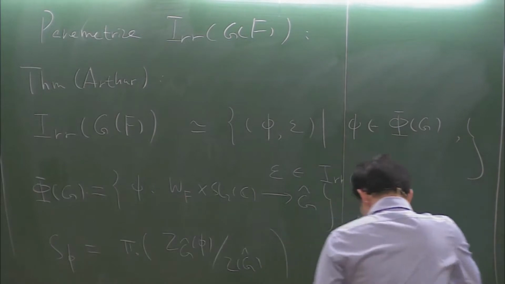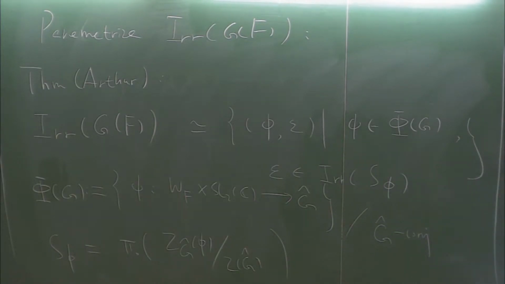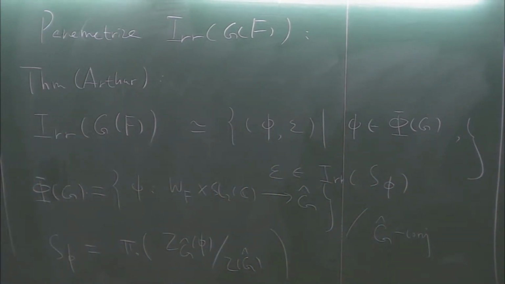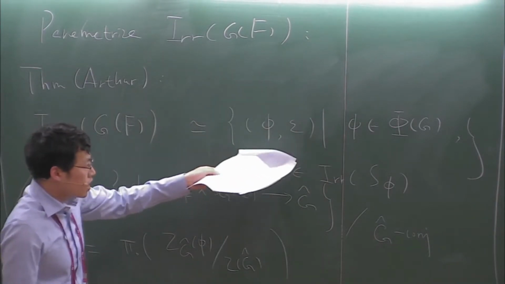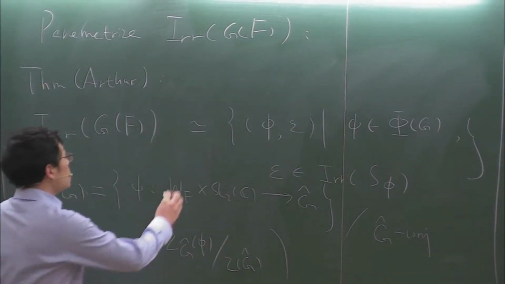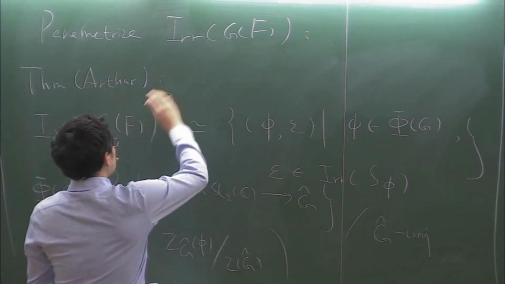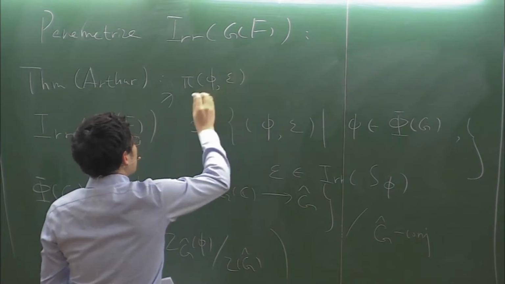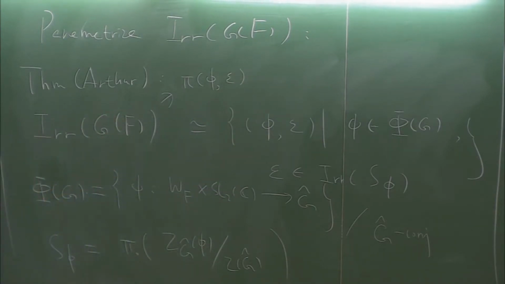Okay. So after that, for every representation we can assign a kind of name. In particular, I'll just write every representation as pi, and write its corresponding parameters (phi, epsilon) in this way.